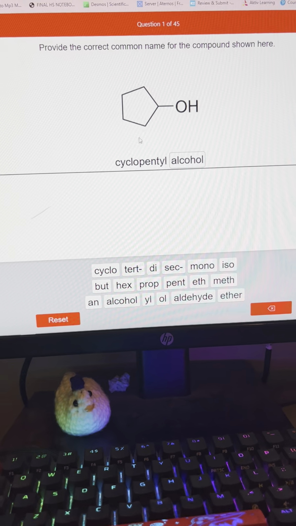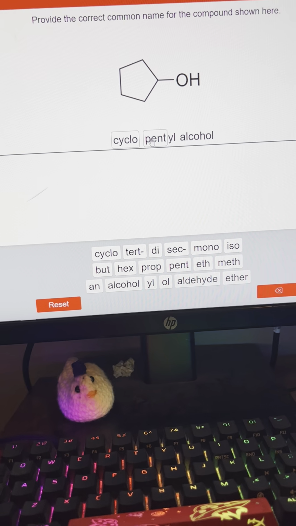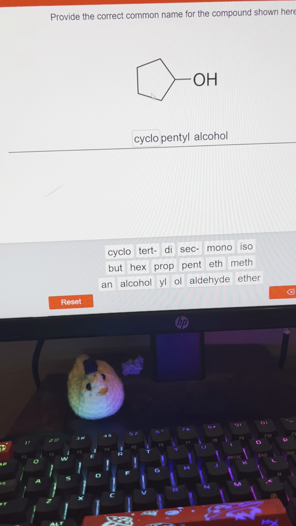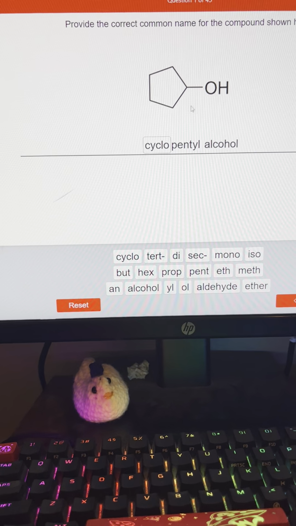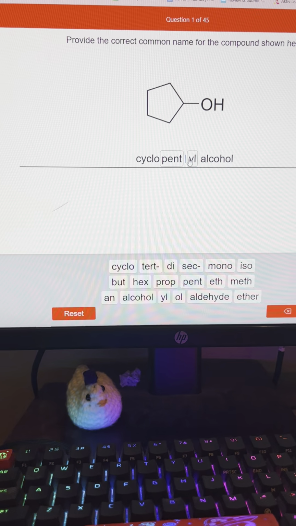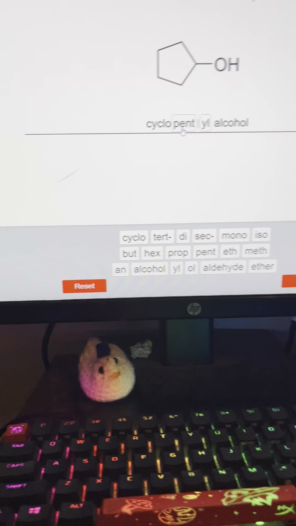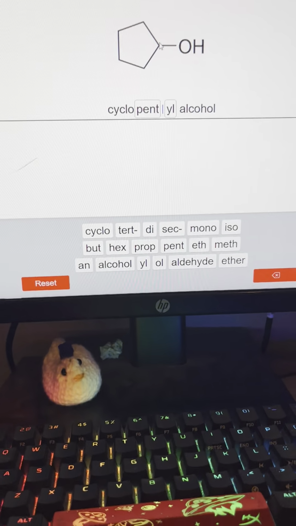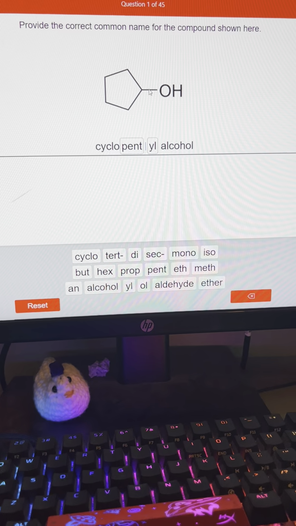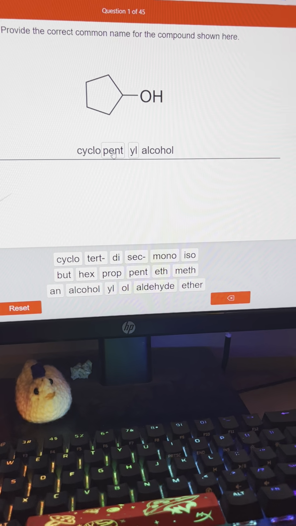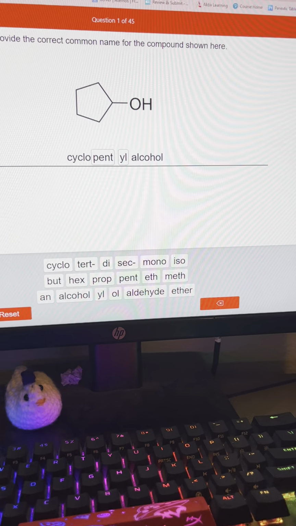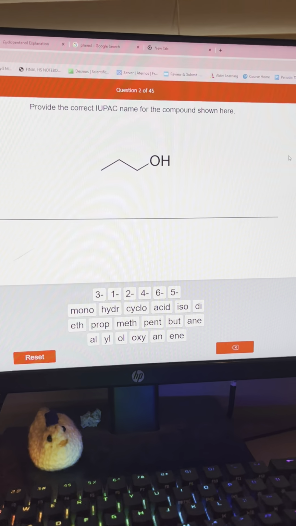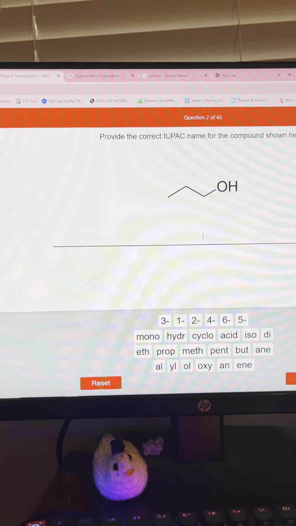So we have pent, and cyclo, because remember if it's enclosed shaped, it's cyclo. And remember, it's pentol, not pentane, because we are losing a hydrogen, since it is reacting with another thing here. So it's cyclopentol and then alcohol at the end. That's the answer for that one. That was the common name.